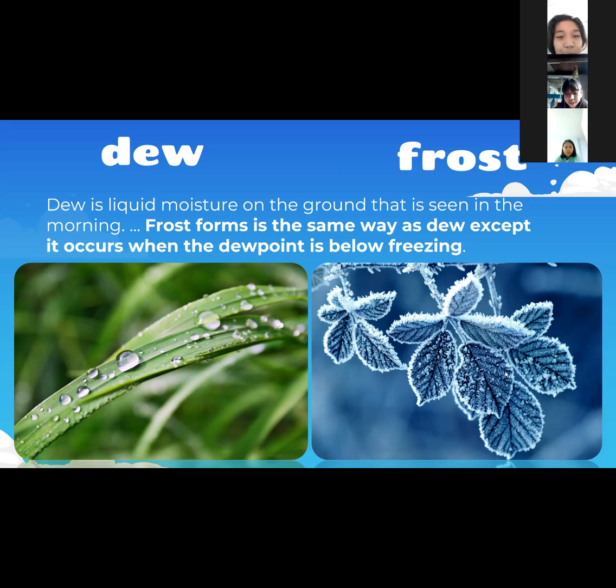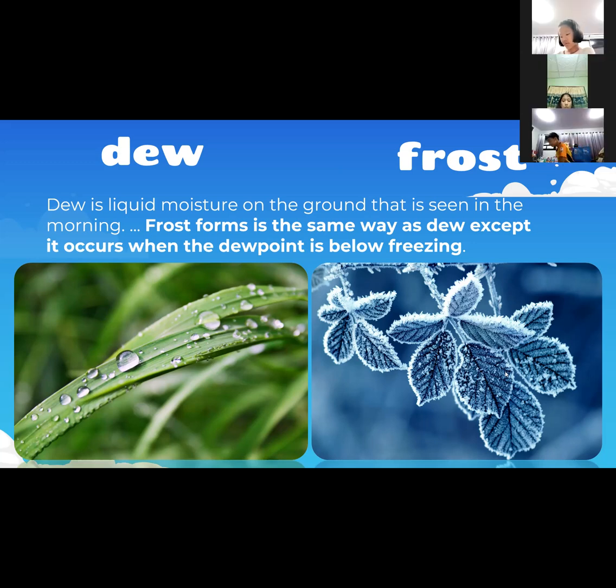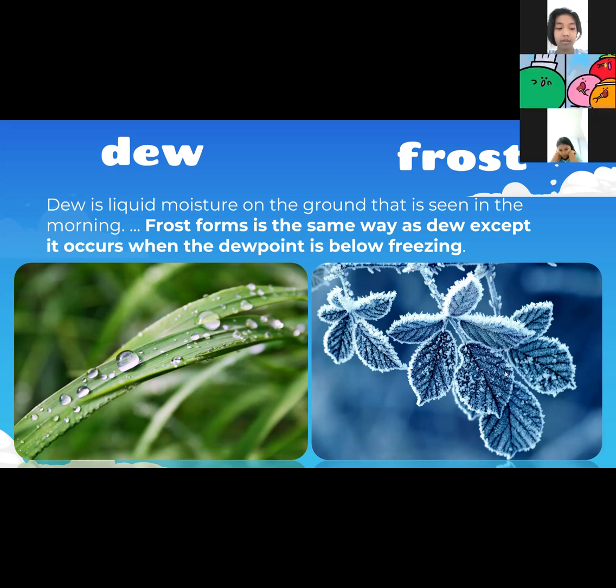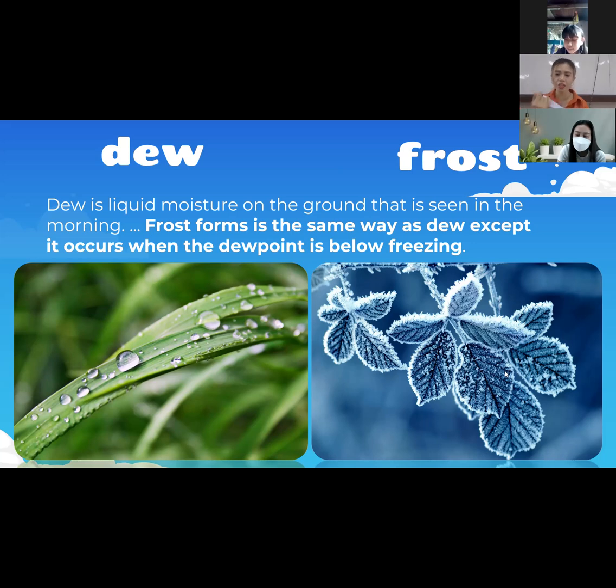Frost is formed when the temperature near the ground is lower than the freezing point, making dew turn into frost. Okay, good. Thank you.